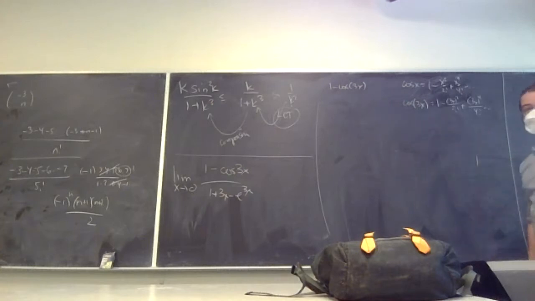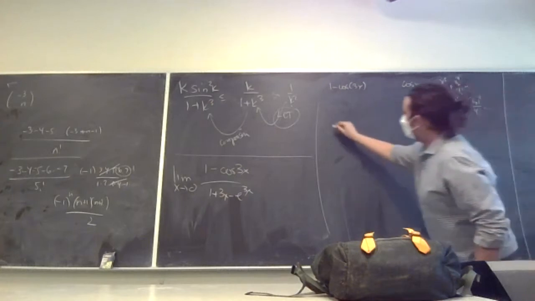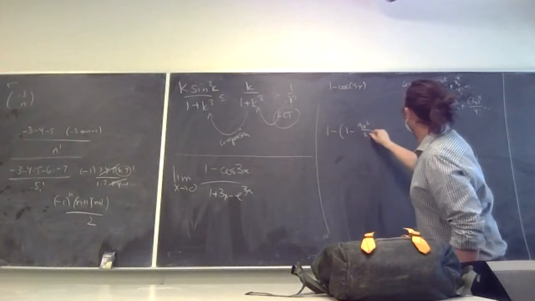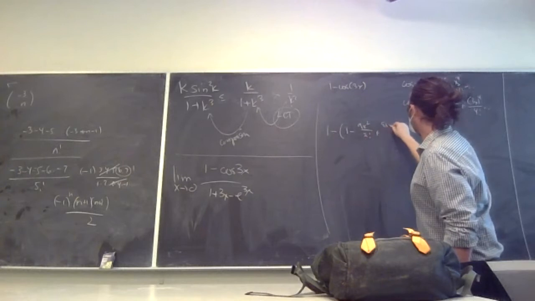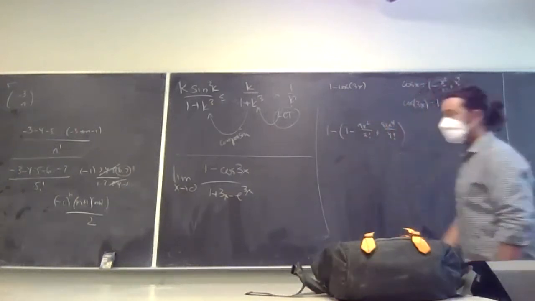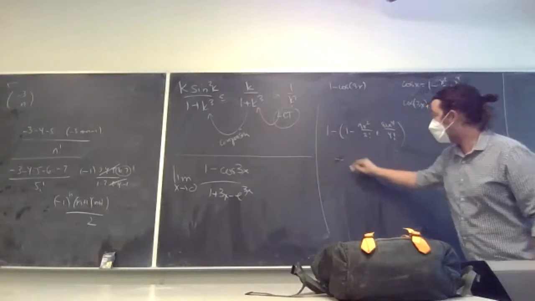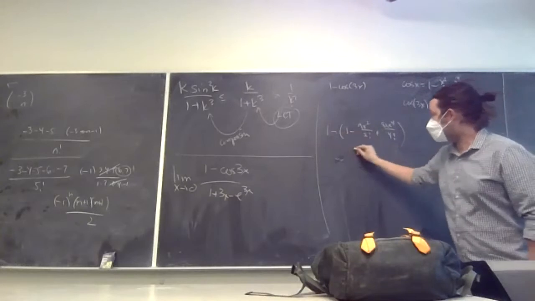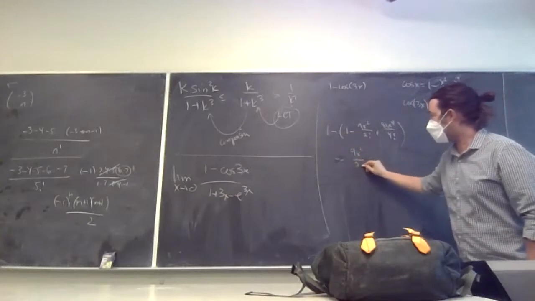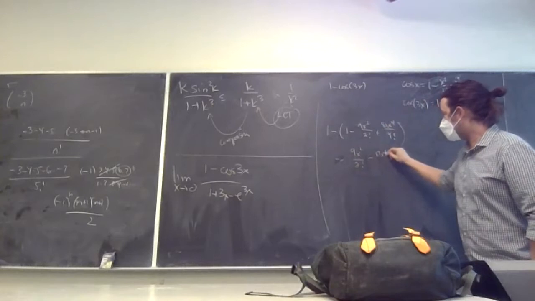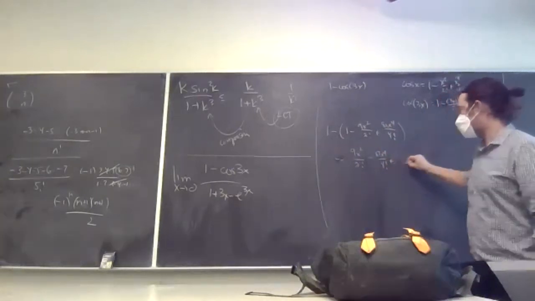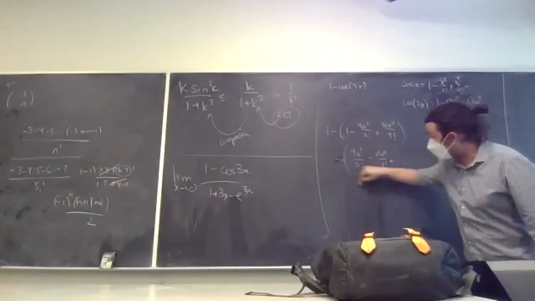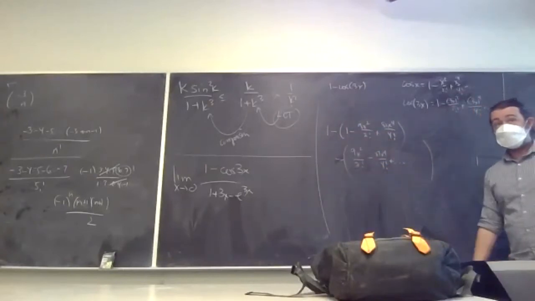So what's 1 minus that? 1 minus 9x squared over 2 factorial plus 81x to the fourth over 4 factorial is equal to 1 minus 1 is 0. And then we have a negative applied to, so we have a 9x squared over 2 factorial and a minus 81x to the fourth over 4 factorial, and then other stuff. So this is the numerator of this fraction. This series right here is that numerator.